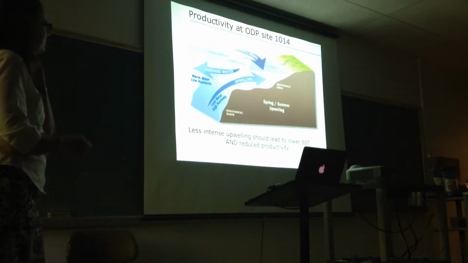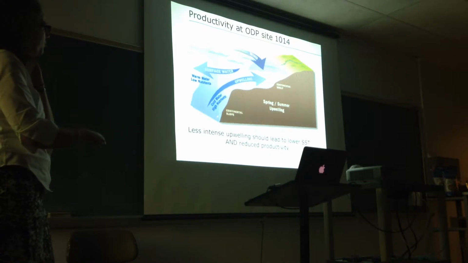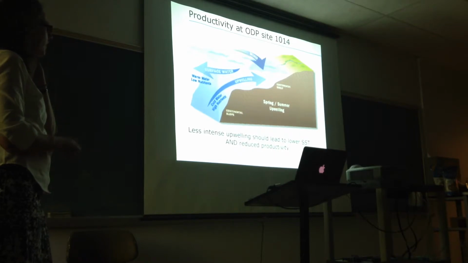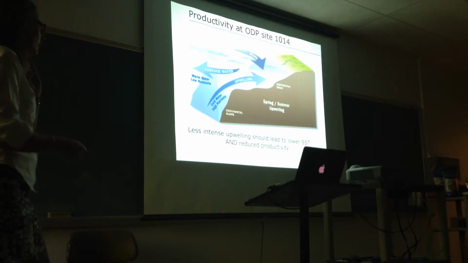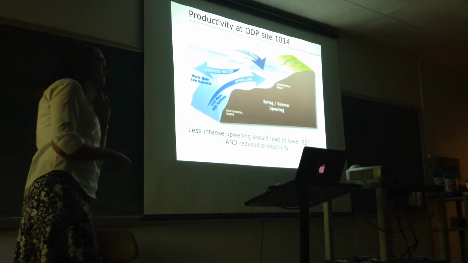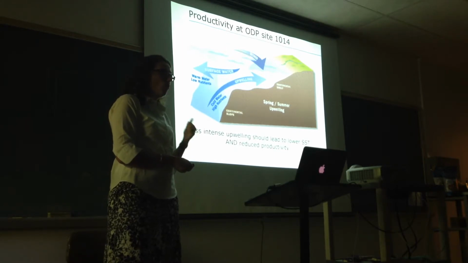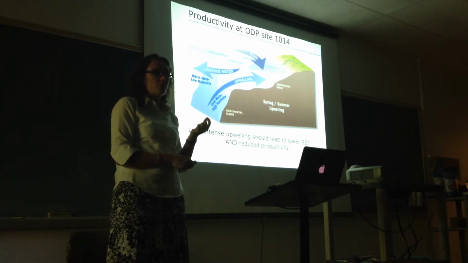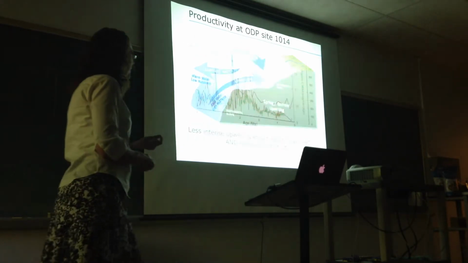This is just my little diagram of upwelling: wind blows from north to south, water gets pushed offshore, and you bring up this cool nutrient-rich water. The key is that with less intense upwelling, you would expect both warmer temperatures and reduced productivity. Those things in the modern ocean are really linked: upwelling, cold temperature, high productivity.